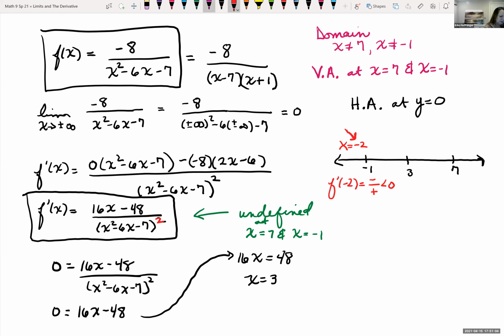So now choose a number in between -1 and 3. So how about x equals 0? So f prime of 0. Well, notice I get 16 times 0 is 0, minus 48. So my numerator stays negative all over my positive denominator, so this is less than 0. So this is decreasing.